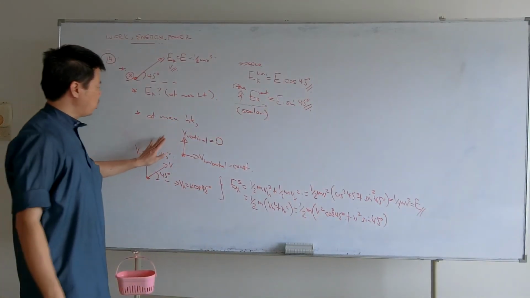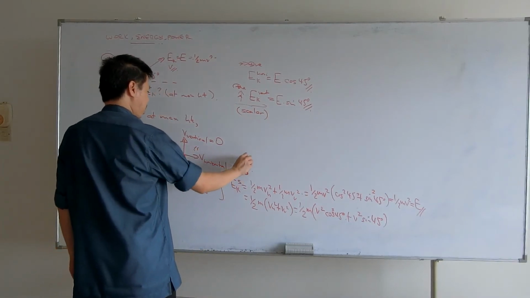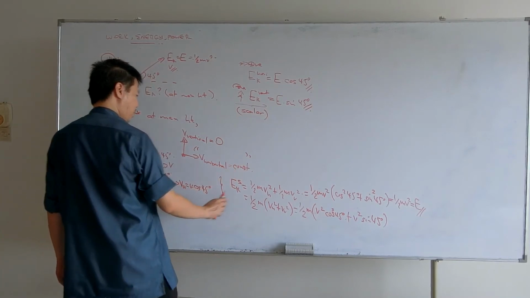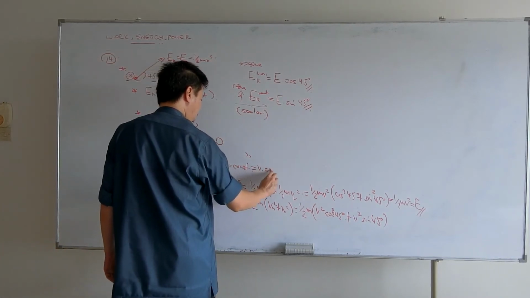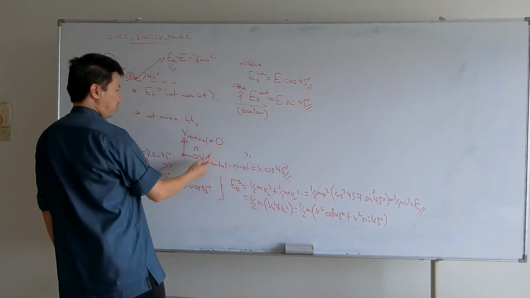Let's go back to this question. At max height, V horizontal is equal to constant. What is V horizontal? V horizontal is equal to V cos 45 degrees. But V vertical equal to 0.